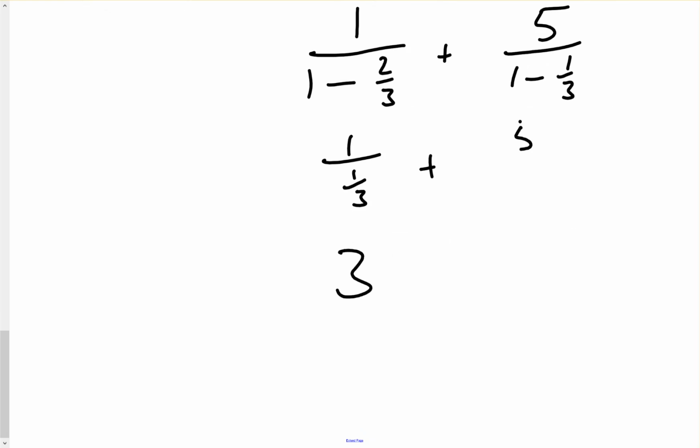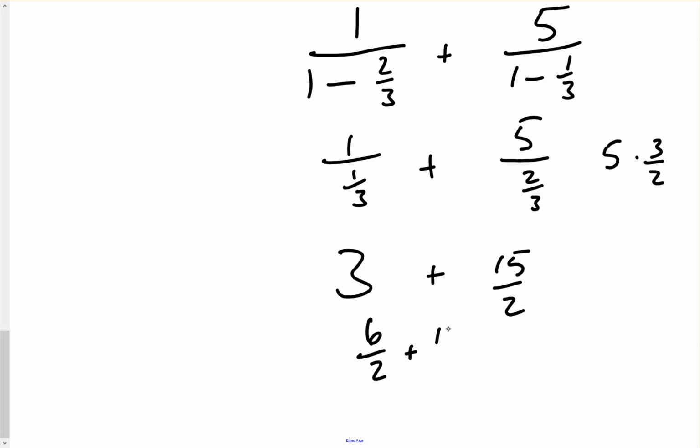And then here, 5 over 1 minus 1/3 is 2/3. So then we have to figure out what's 5 divided by 2/3. It's like saying 5 times 3 over 2. So that's 15 over 2. And so we could combine that. 3 would become 6 over 2 plus 15 over 2. So that means our sum for the series would be 21 over 2.